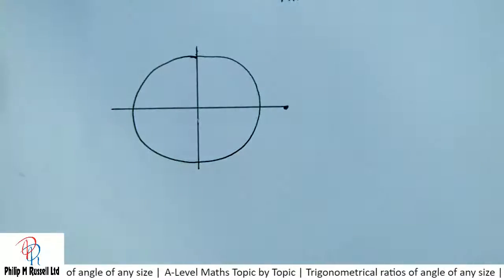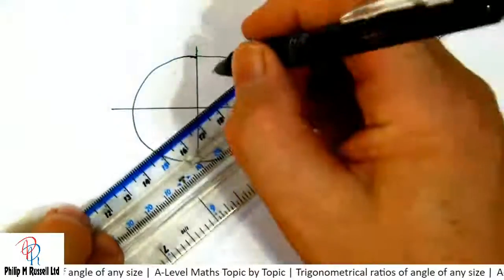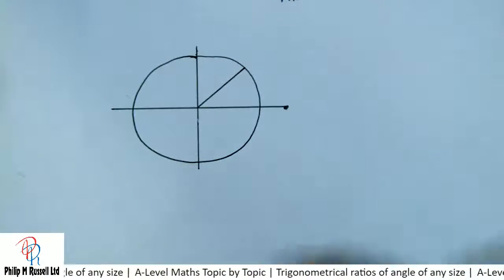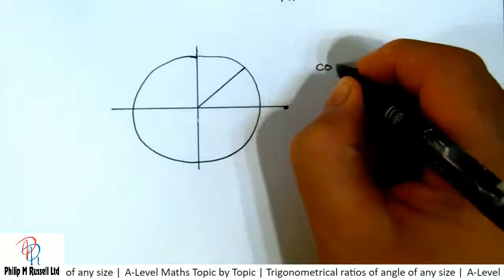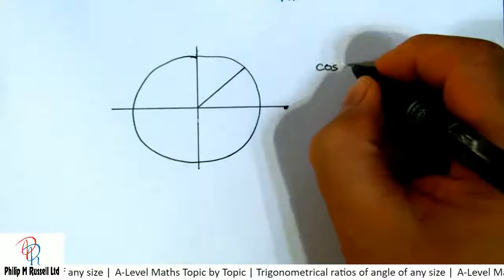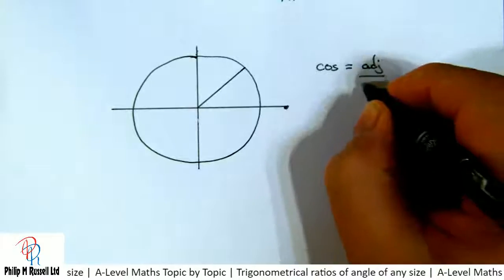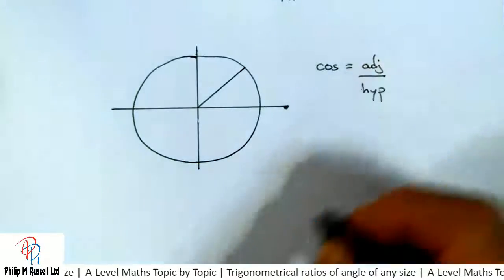They don't get any better. If we're going to look this time at the cosine of my angle, we know this is the adjacent over the hypotenuse.